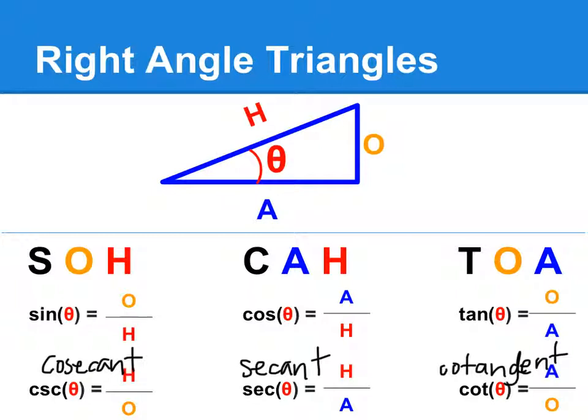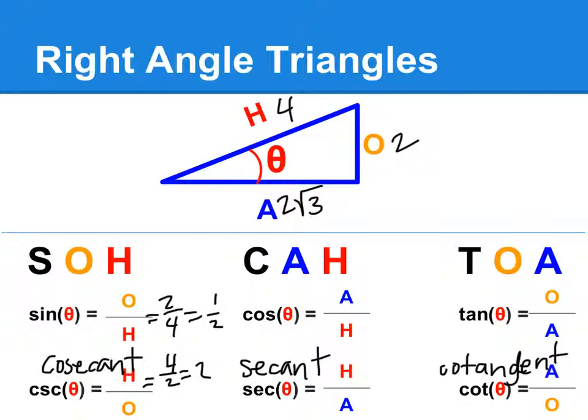Now to go back to the same example, let's say this was 2, 4, and 2 square root of 3. Cosecant would be hypotenuse over opposite, which is 4 over 2, or 2. Remember from before, sine was 2 over 4, or 1/2. You're going to start seeing some patterns.